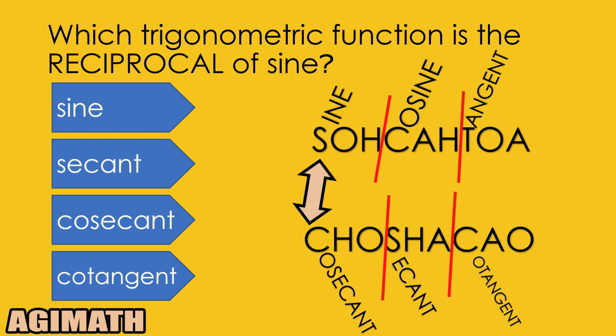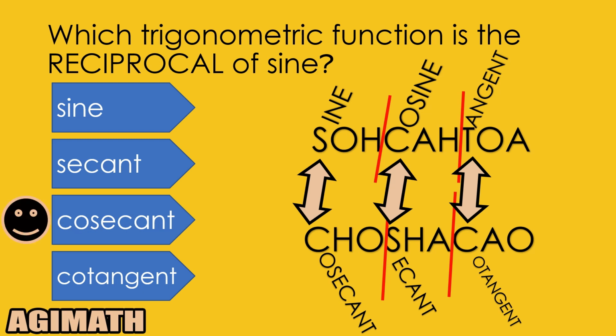Same for cosine, the reciprocal is secant, and for tangent it is cotangent. So going back to the question, which trigonometric function is the reciprocal of sine? The answer is cosecant. Always remember this relationship because it's very important. The reciprocal of sine is cosecant, of cosine is secant, and of tangent is cotangent.